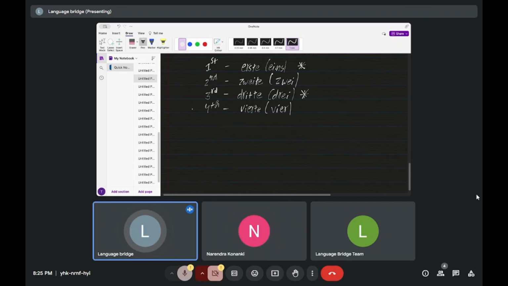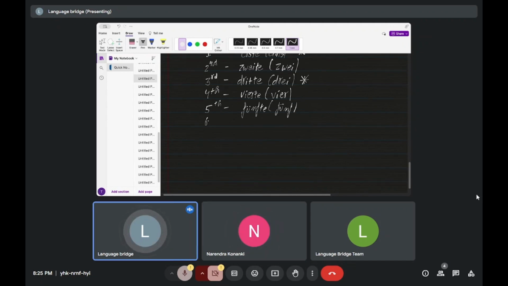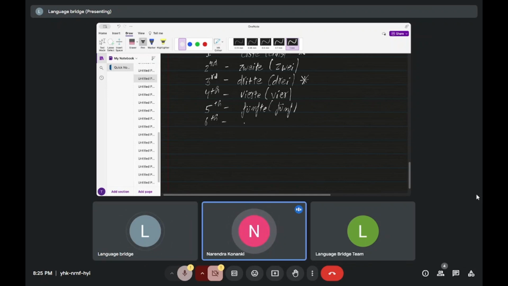And then what is five? Fünf. The ordinal number is fünfte. And then sechs, which is six, sechste, which means sixth.